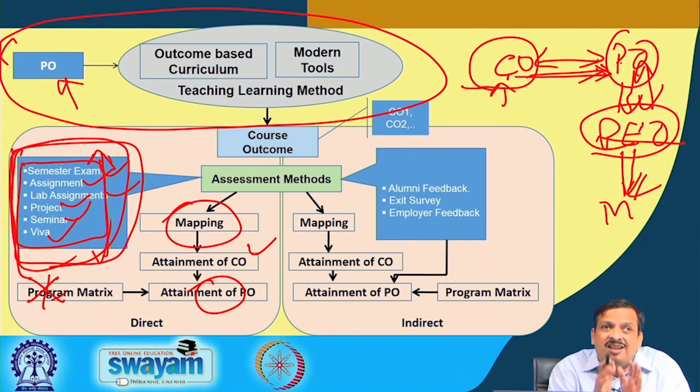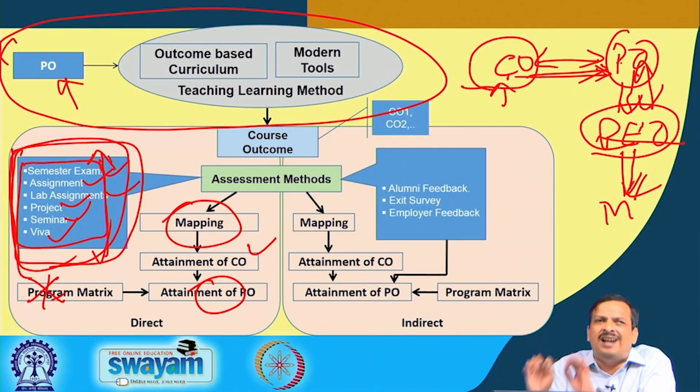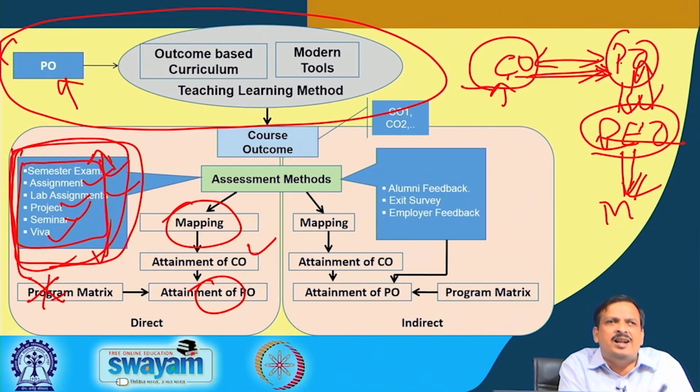So, how do you decide it? How do you develop the evaluation matrix of the courses? Whether it is a theory course, lab course, seminar, or viva, it does not matter. You have to design the evaluation matrix, which I cover in the last lecture of the 4th week.